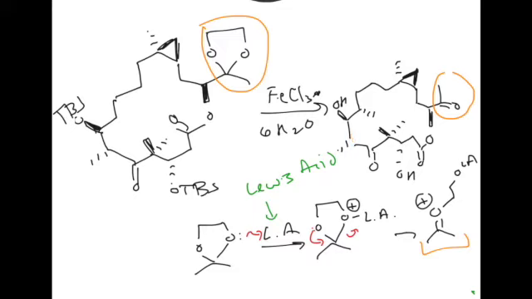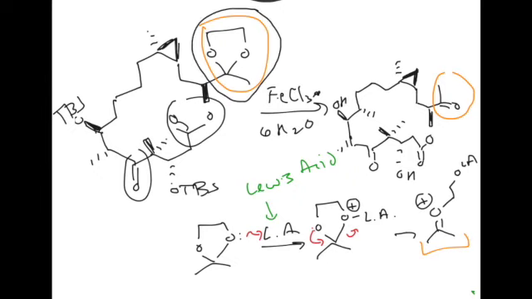But they just needed something that would bond to the oxygens of the acetal. And there's a lot of stuff going on in this molecule, right? There's an ester, we've got a ketone, we've got an acetal, we've got the protected oxygens.